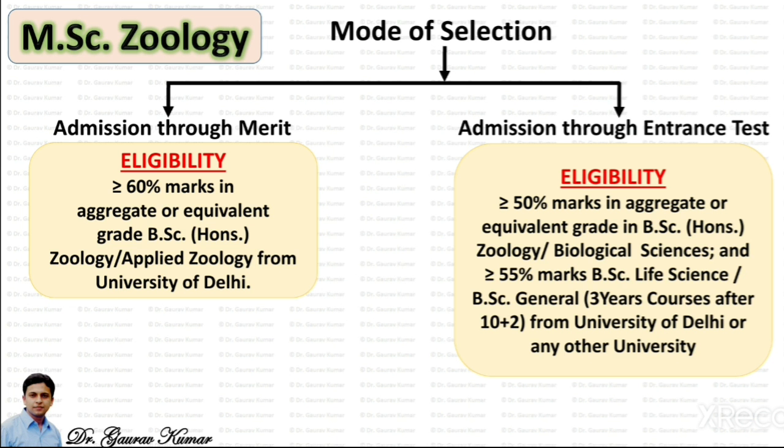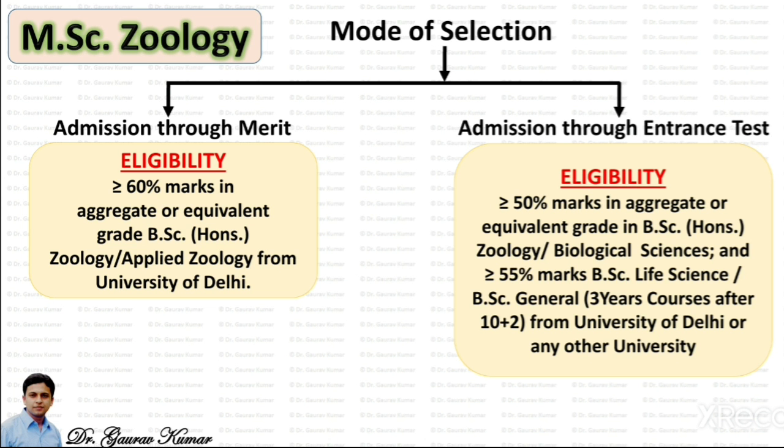In the entrance test, greater than or equal to 50% marks in aggregate or equivalent grade in BSc honors zoology, biological science, or greater than or equal to 55% marks if you are from BSc Life Science or BSc General from University of Delhi or any other university.